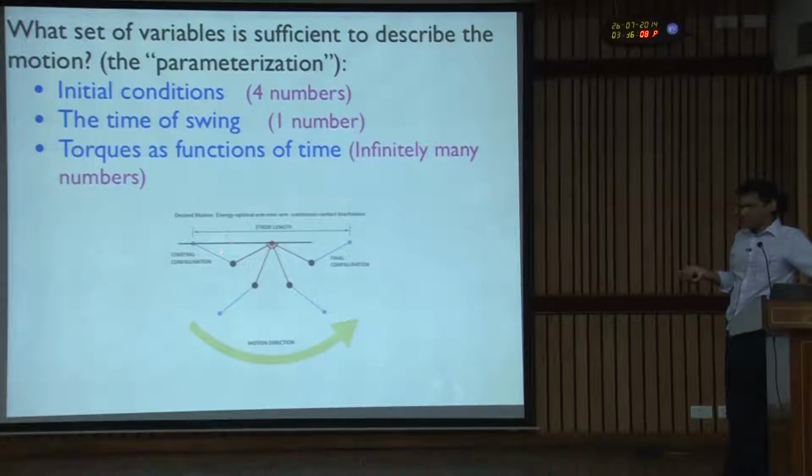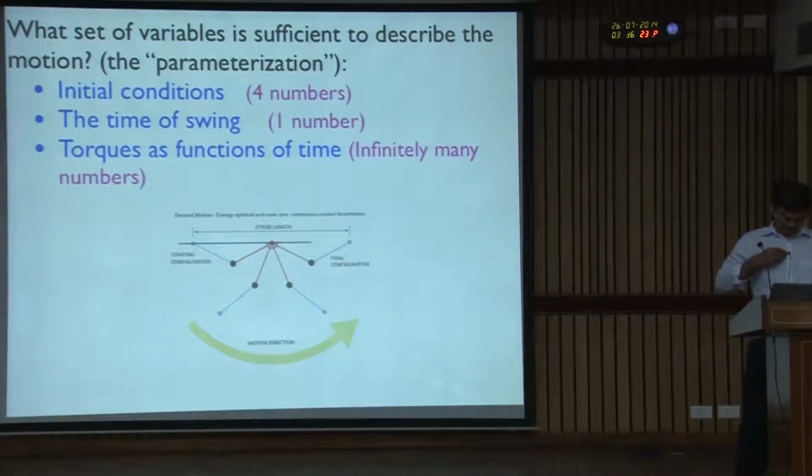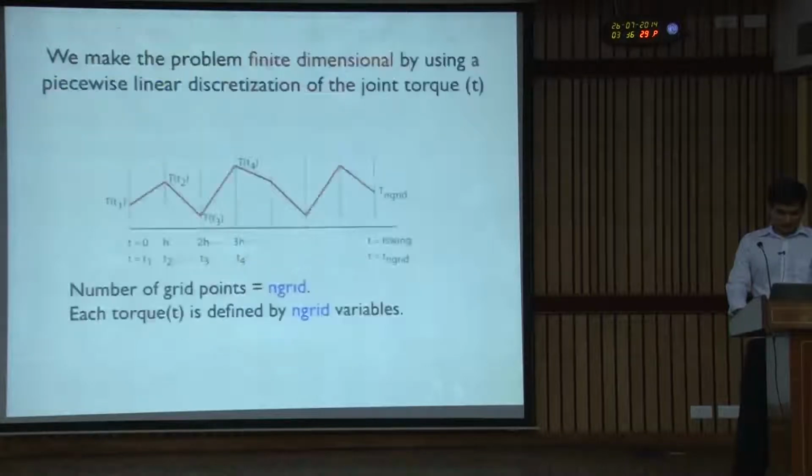There are 2 torques, and these 2 torques could be any function of time, right? It's not a constant. It's not 0. It's not a spring. Could be any function of time, let's say. So there are 4 numbers, 1 number, and then infinitely many numbers.